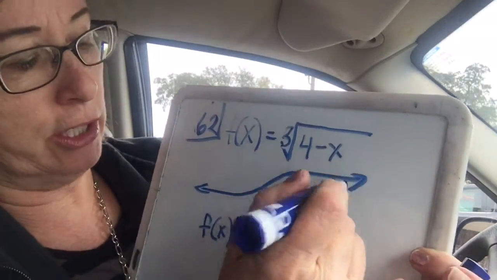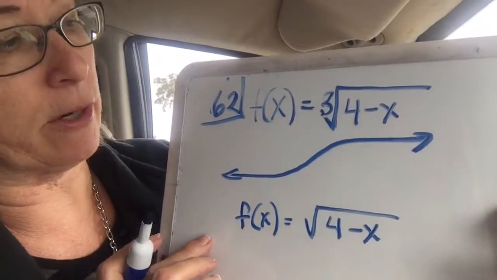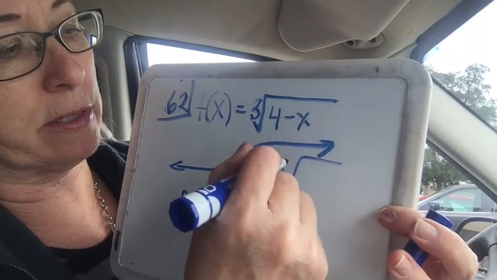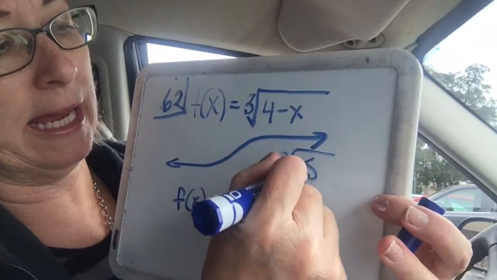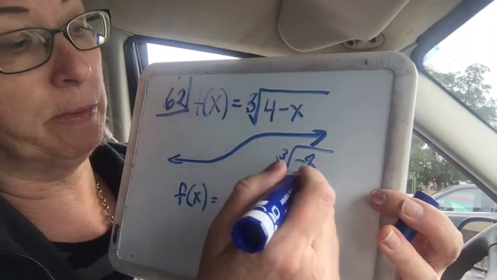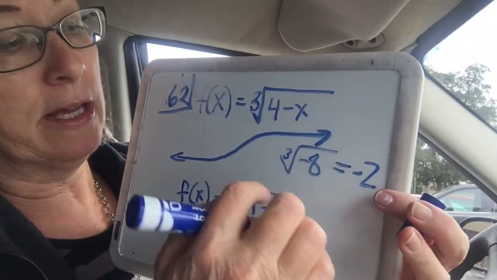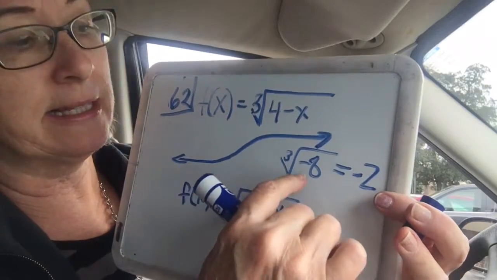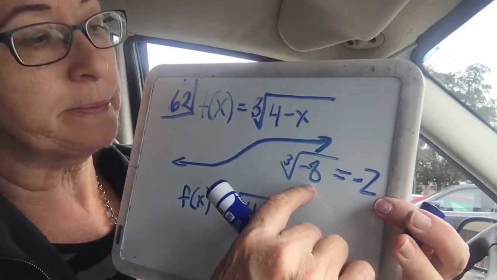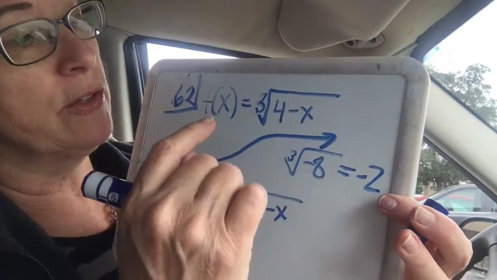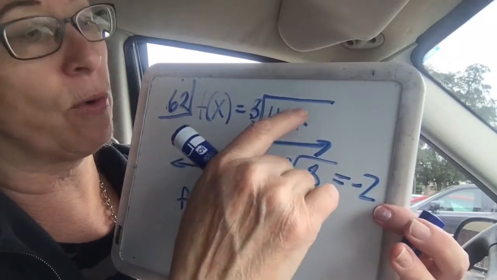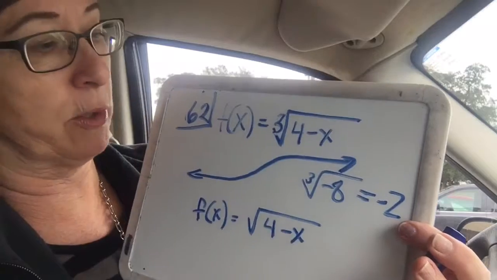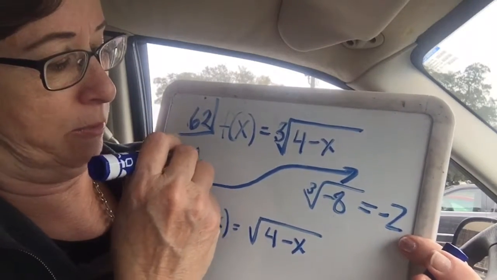Okay, and a cubed root goes on and on forever, because the cubed root of negative 8 exists. The cubed root of negative 8 is negative 2. So underneath a cubed root, I can have positive or negative signs under the radical, and they're still real numbers. So this one exists for all x. Therefore, this one is going to be all real numbers in its domain. So this one is all real.